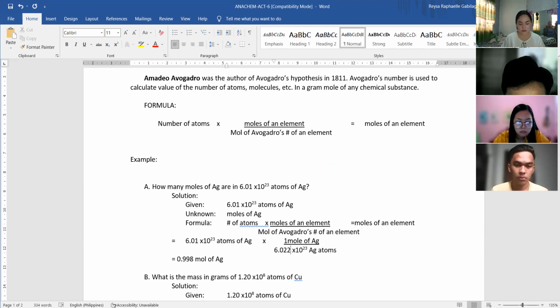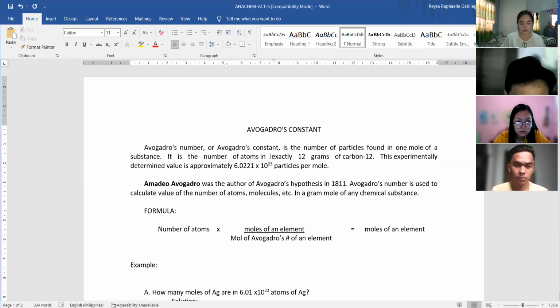Kaya pag dinivide mo siya, pag 3 decimal places, ang answer 0.998. I-try niyo sa calculator. Pero gamitin lang natin para mas precise yung ating answer. Ito lang yung gamitin natin, ha?